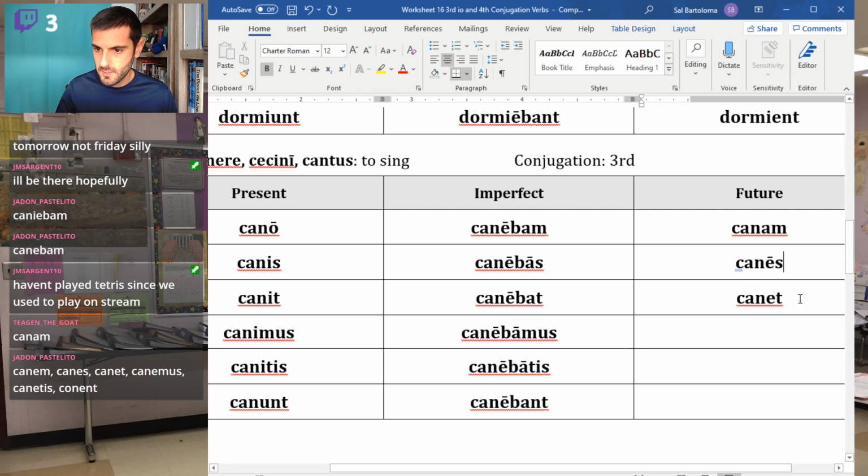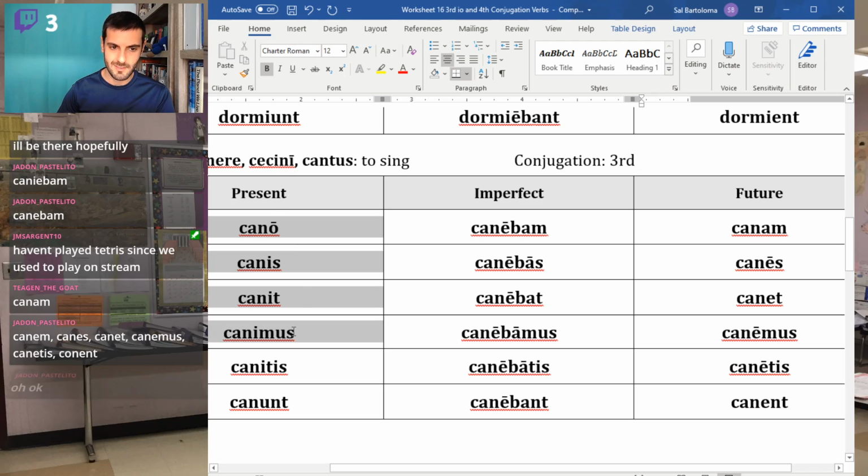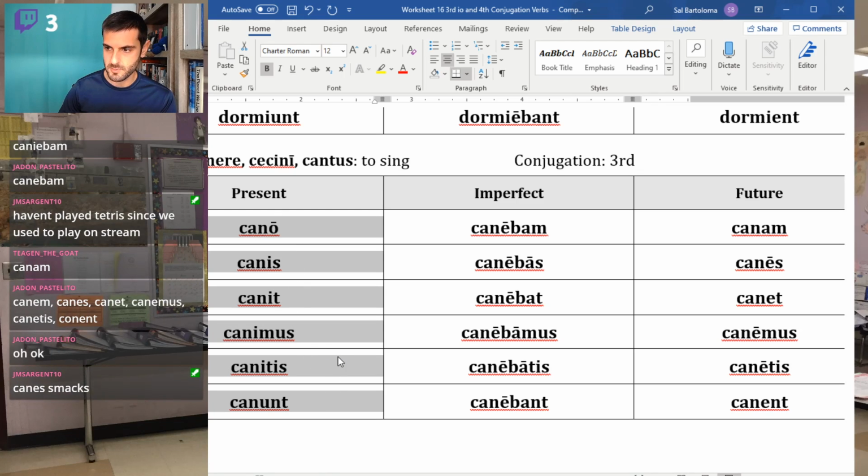Thank you. Canam, canes, canet, canemus, canetis, and canent. So just watch out for that first one, Jaden. It's canam. So the first one's am, and then it's es. Okay. So it is unt for our present forms.